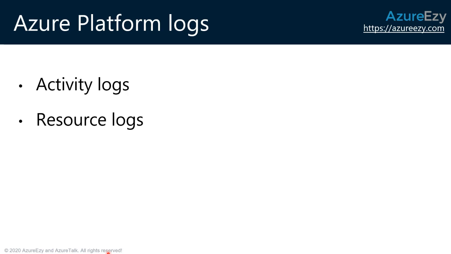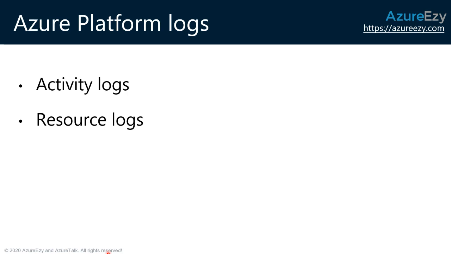Because activity logs tell you more about what is happening at the Azure level, it might be a different audience who will be interested in that. But the resource logs are more specific to the resources, like what is happening to the VM, whether the VM is running properly, whether it is throwing some error, how much CPU is being consumed in the VM, how much RAM is being consumed in the VM.